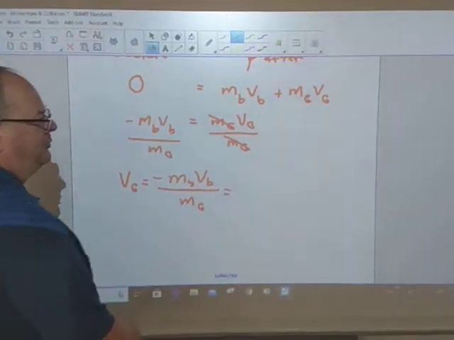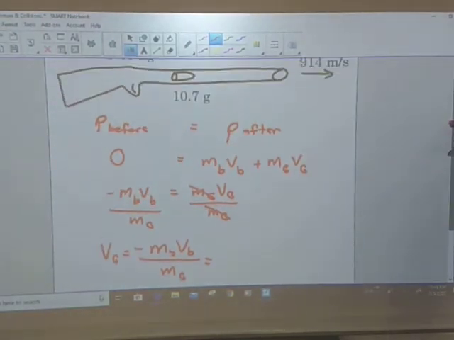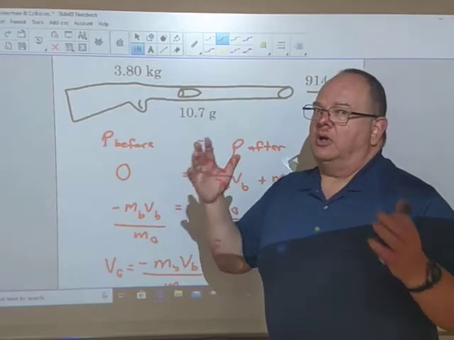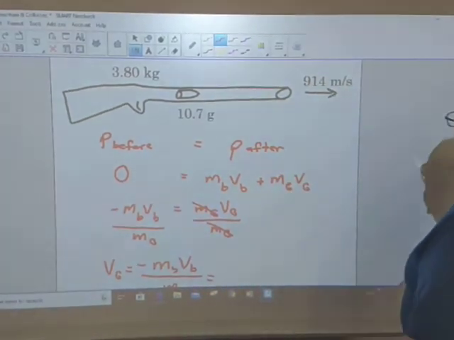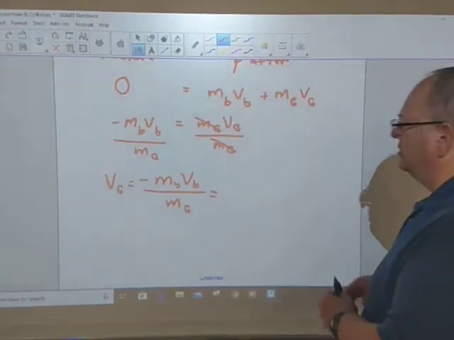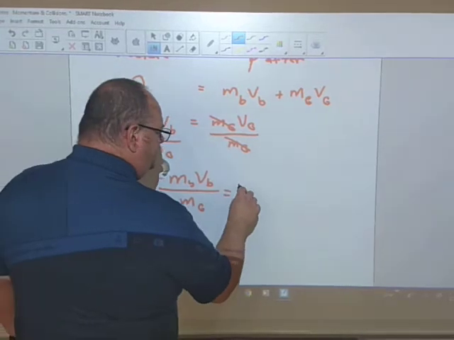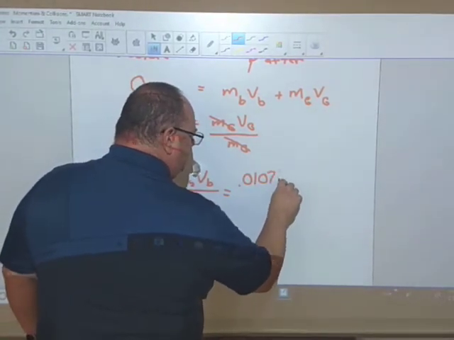Okay, the mass of the bullet. Do you think it would be a good idea to put the masses in with different labels? I hope you don't think that's a good idea. 10.7 grams. I've got to move my decimal point 3 places. That'd be 0.0107 kilograms.